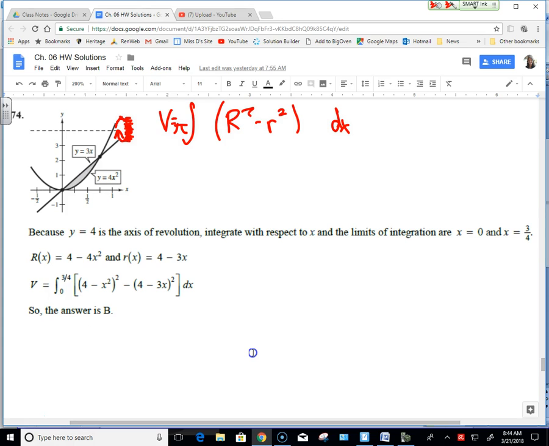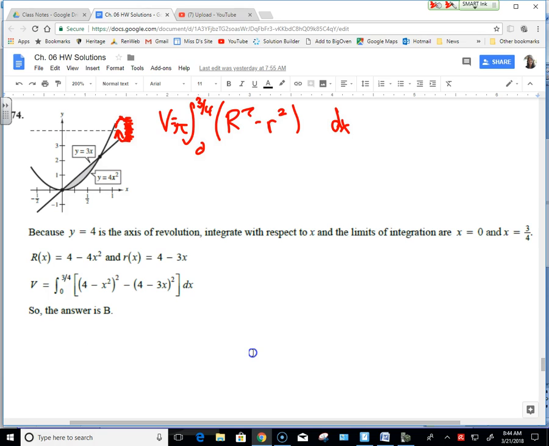My bounds. How'd you get bounds of 0 and 3/4? What'd you do to get that? Oh, they gave it to you. But what could you have done to find it? Set them equal and solve. Is that okay? Natural bounds. Okay. Now, help me with big R. What do I think to get big R? Because I have people giving me functions, and you haven't started where you needed to start.